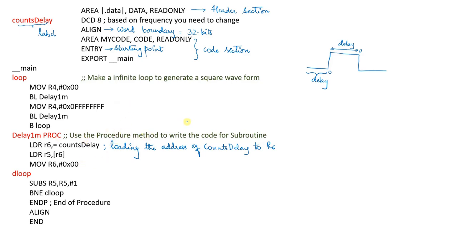R6 is loaded with the address of counts delay, and counts delay has been initialized with the value of 8. So basically R5 is now equal to 8. This line of code is optional. If you want, you can keep it, otherwise the code is also going to be executed perfectly. This is just to empty the contents of R6.